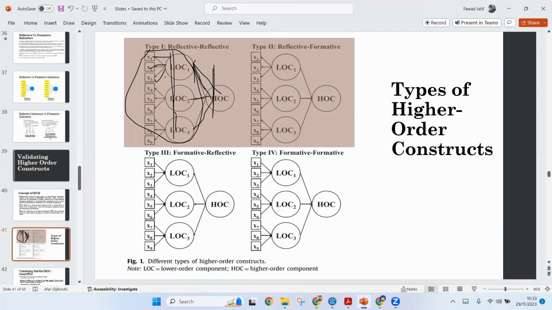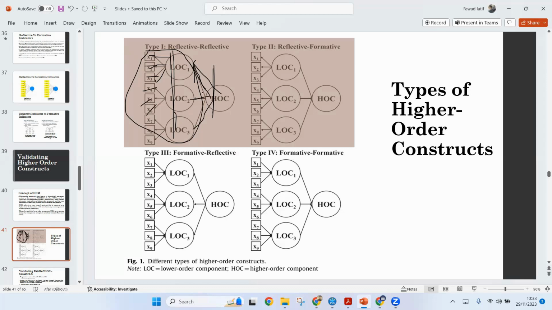Now, what do we mean by reflective at lower order? As I mentioned earlier, the items become interchangeable, as we discussed yesterday or earlier in the session.